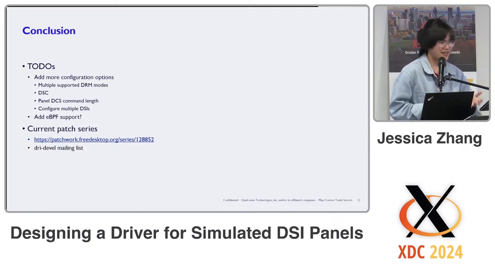And finally, the ability to configure it so that a panel can be controlled by multiple DSI controllers. And if all these configurations get complicated enough, we might even add eBPF support for SimPanel. If this is interesting, I suggest you follow the current discussion around this series on patchwork and the DRI Devel mailing list, or feel free to come up and talk to me about SimPanel.